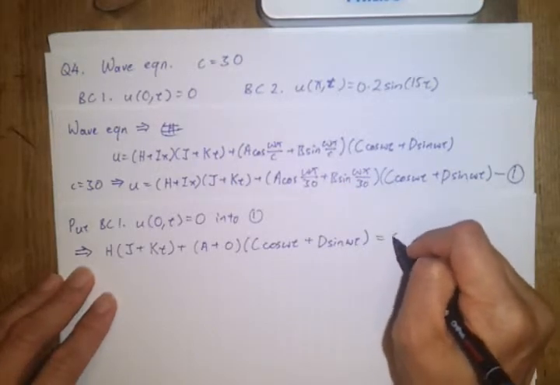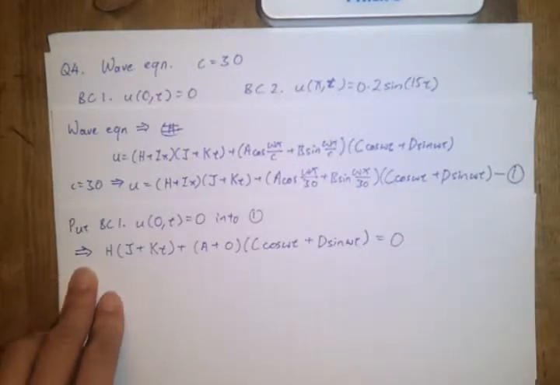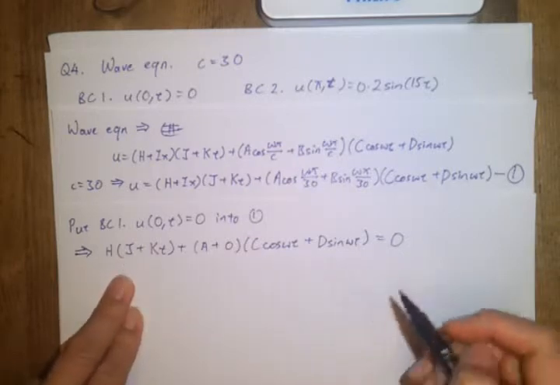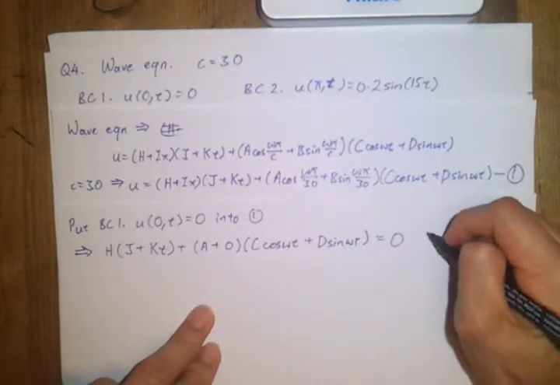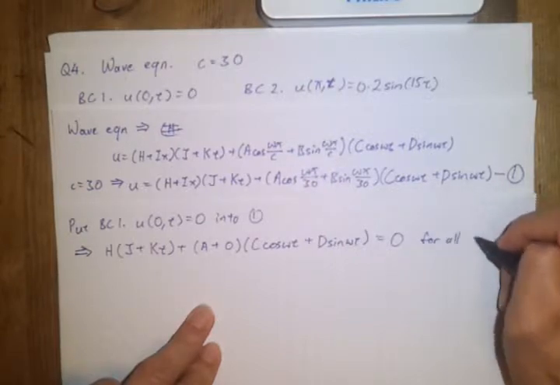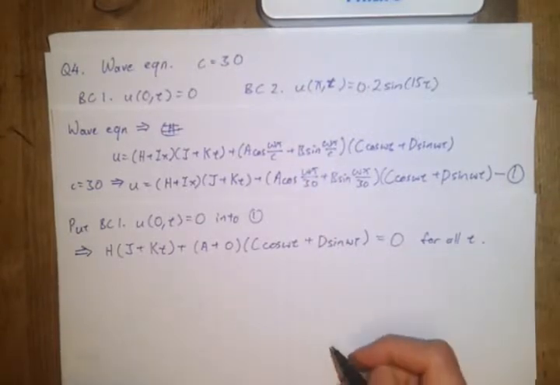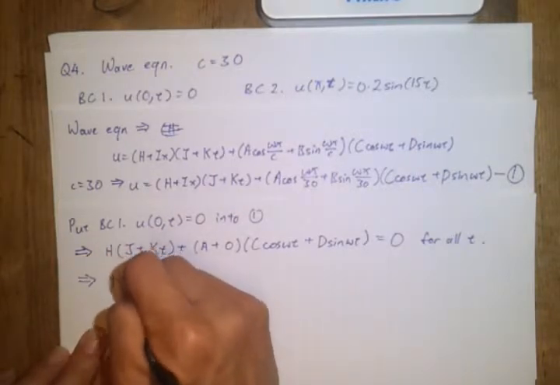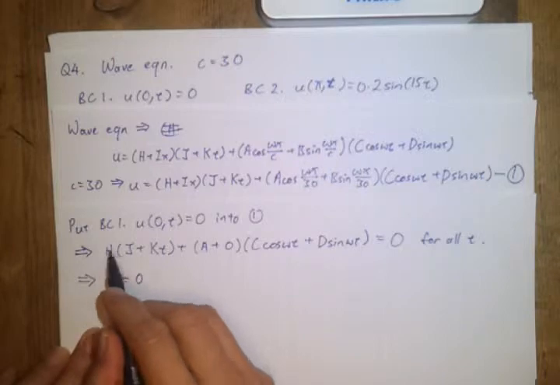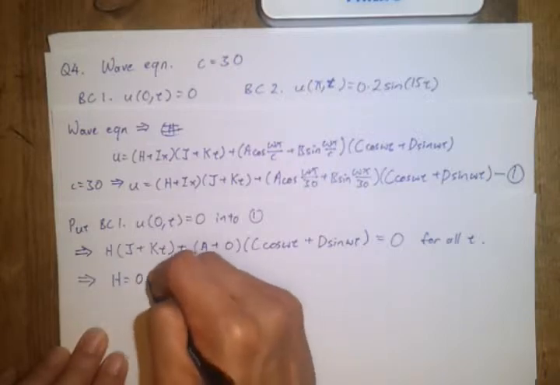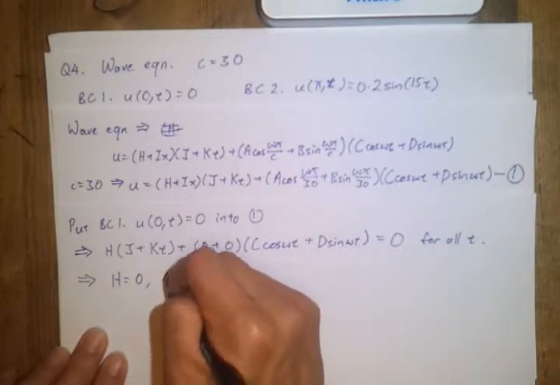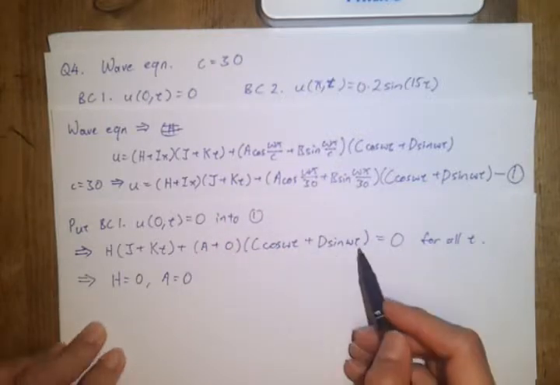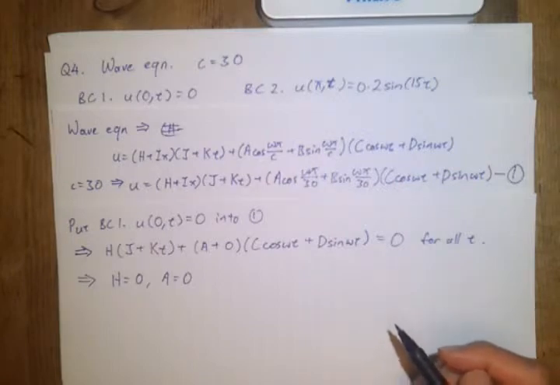This must be equal to 0. So how does the left hand side equal 0 for all values of t? As before, you need h to be 0, so this term becomes 0, and you also need a to be 0, so the second term also equals 0.